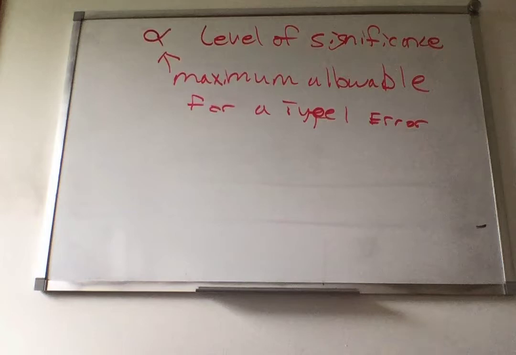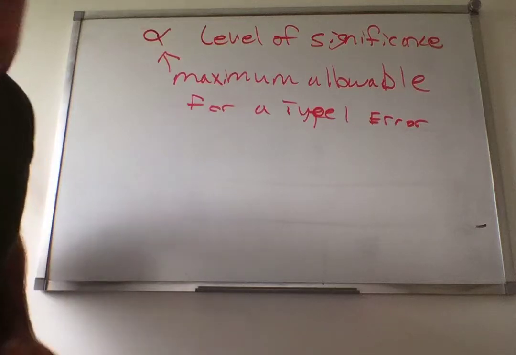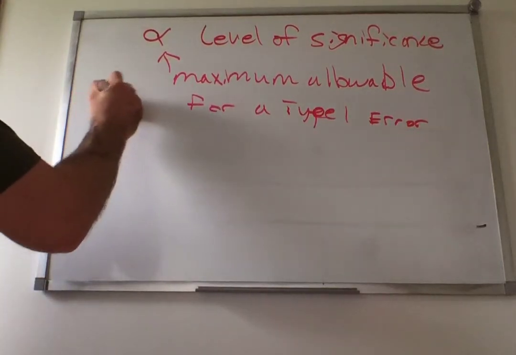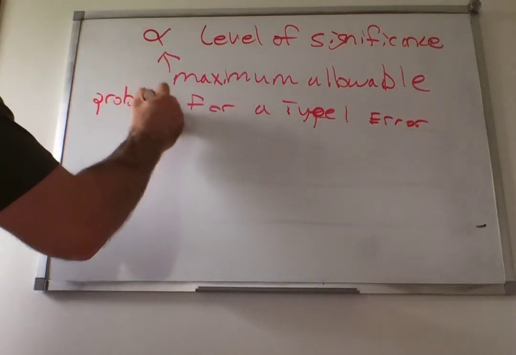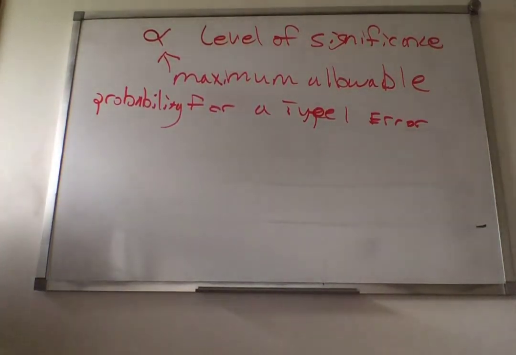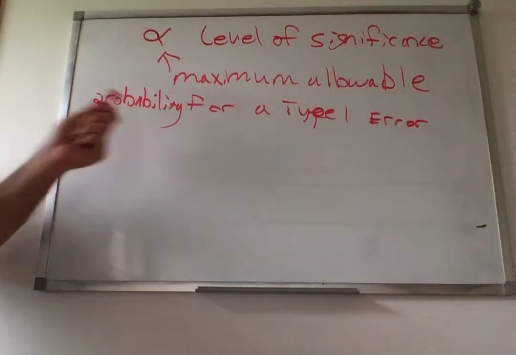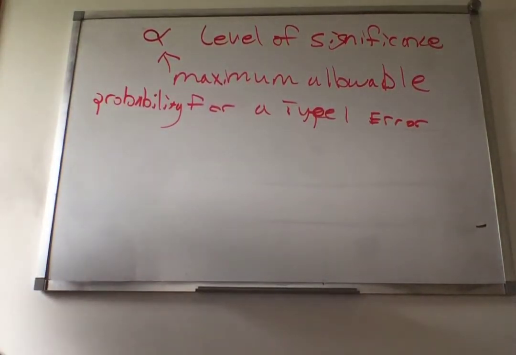I forgot the word. Maximum allowable probability for a type 1 error. And I will mention this when we go over examples.